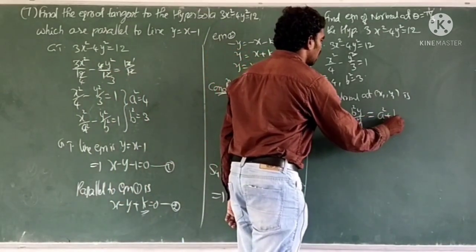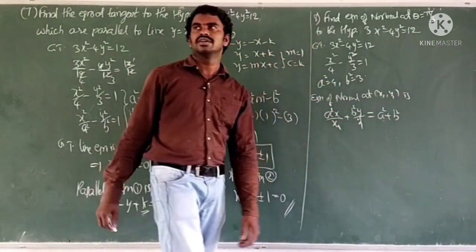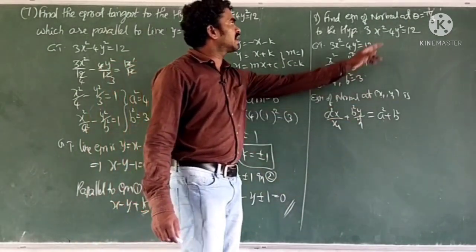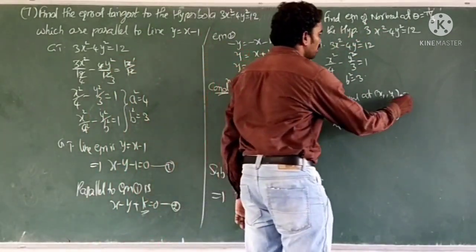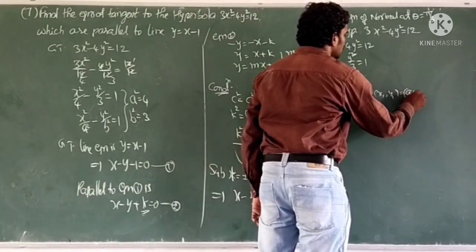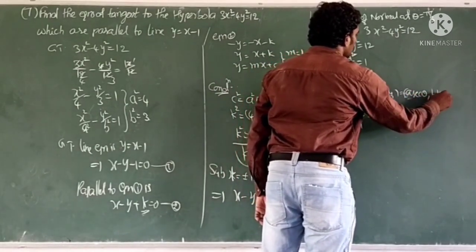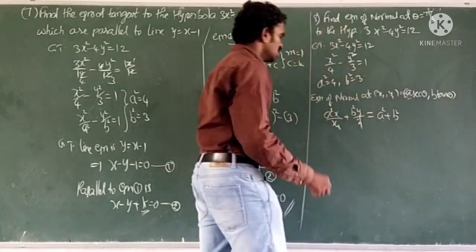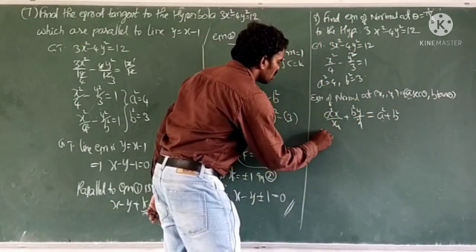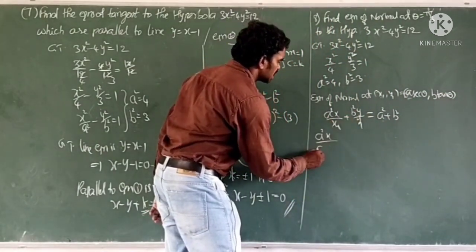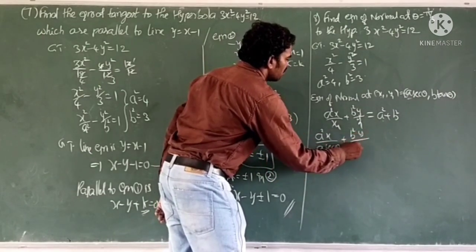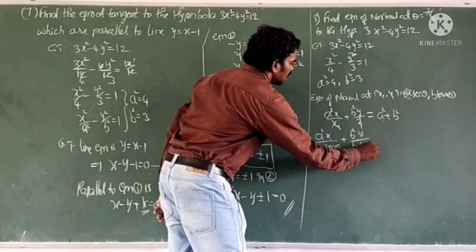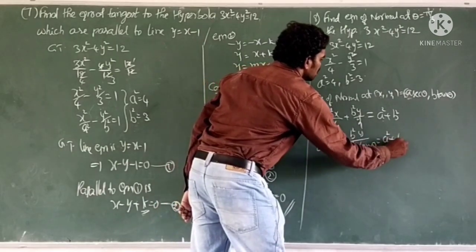Actually this is the normal equation at x1, y1. Okay, but here the angle is given. So when the angle is given, we have to use the point a sec theta comma b tan theta. So substitute: a square x by x1 means a sec theta, plus b square y by y1 means b tan theta, is equal to a square plus b square.